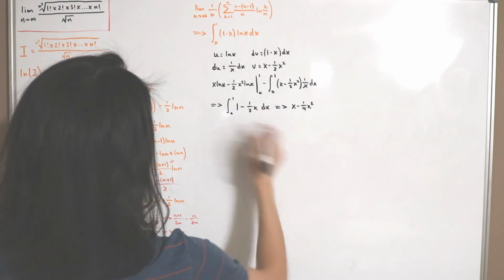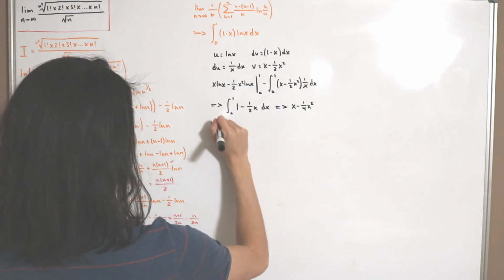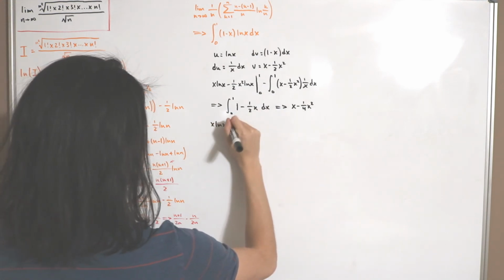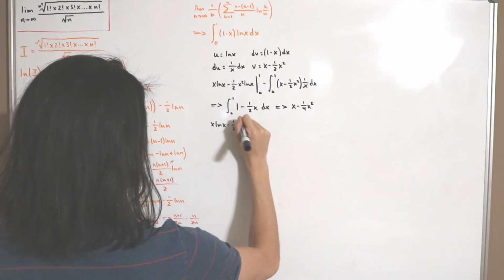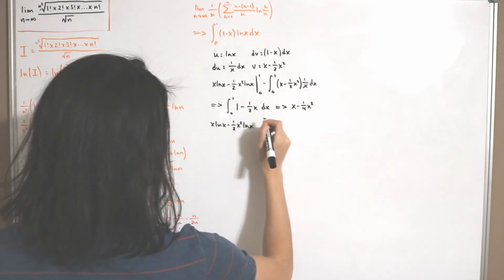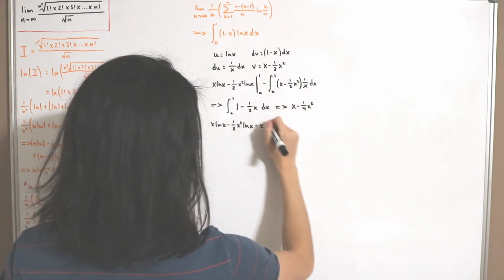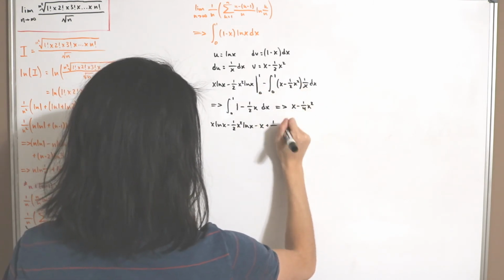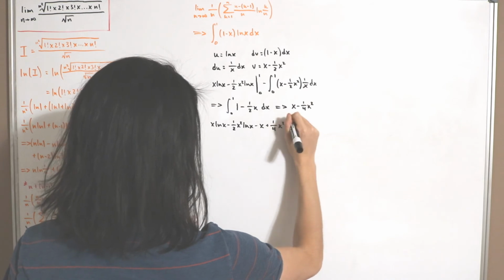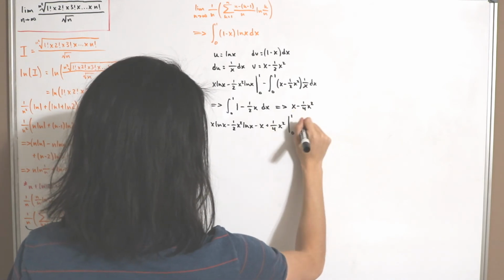Now just put everything back together. So x ln of x minus 1/2 x squared ln of x, then subtract x, and distribute the negative, so we have a positive 1 over 4 x squared, and evaluate this from 0 to 1.